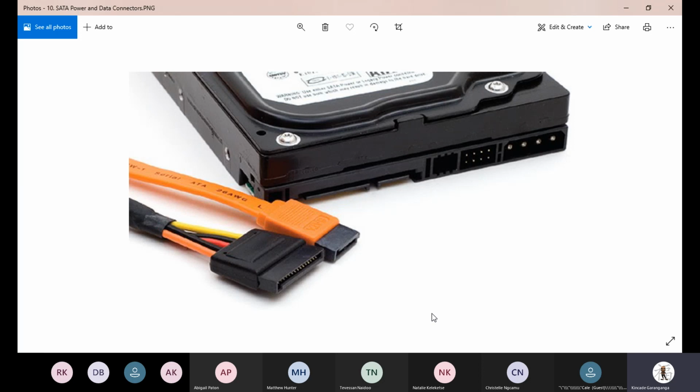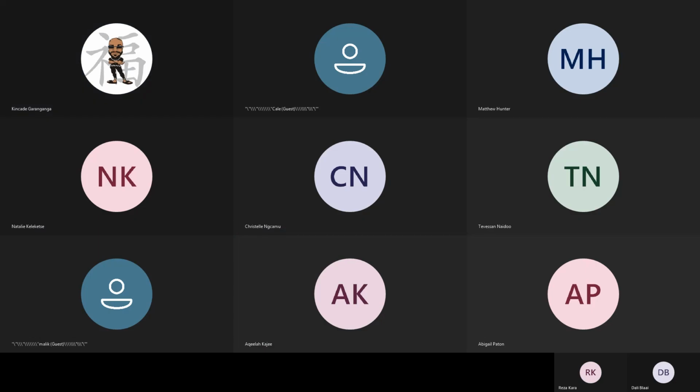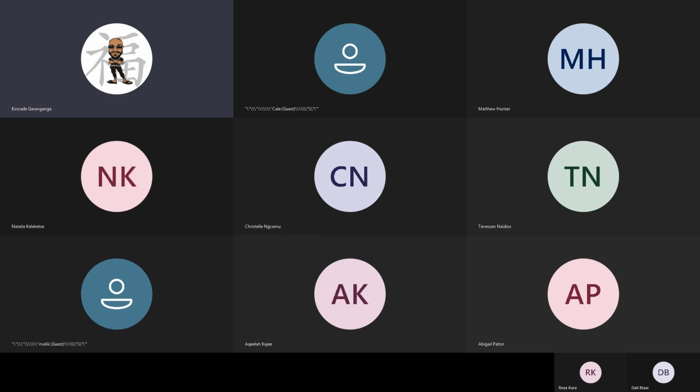If you want to look at the actual speeds associated with SATA, let's go back to our notes.